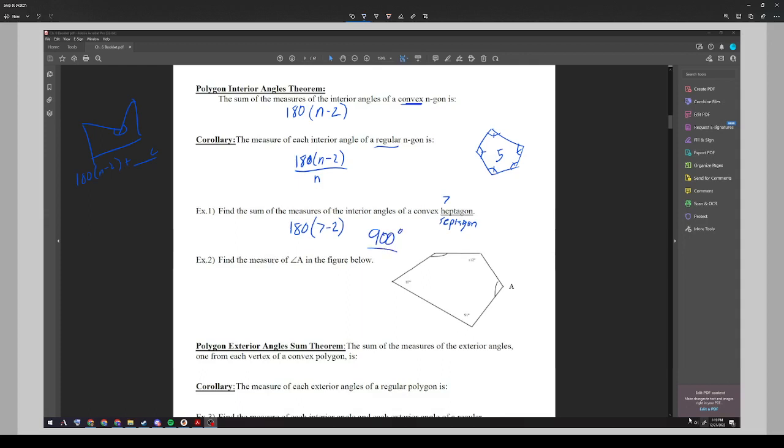Find the measure of angle A. Okay, so angle A is here. And when we're doing this, we have 1, 2, 3, 4, 5. So we know our total is 180 times 5 minus 2. So we end up with a total for a pentagon of 540 degrees. And you're welcome to memorize some of these common numbers instead of multiplying them out every time.